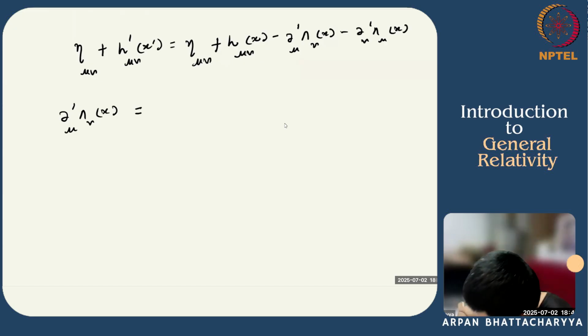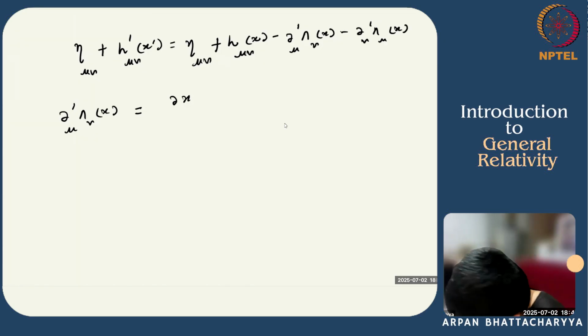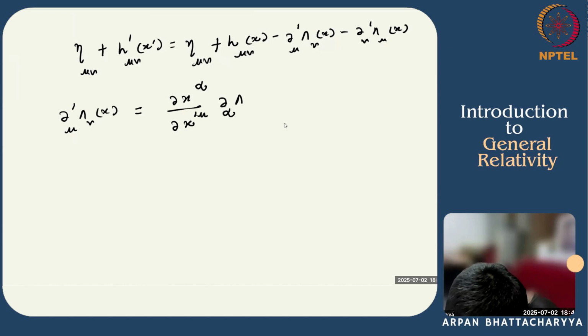So let's rewrite it in the following way. We use the chain rule to make this derivative with respect to prime into an x derivative, in the following way: delta mu prime alpha mu.